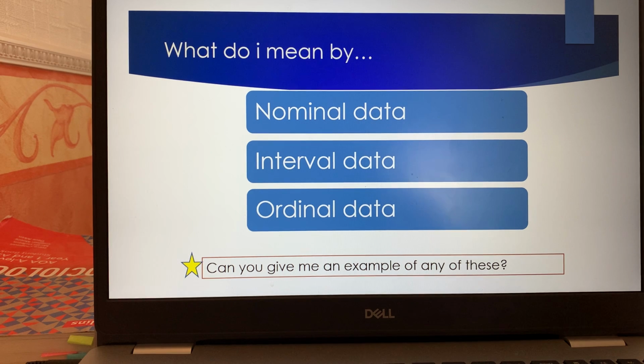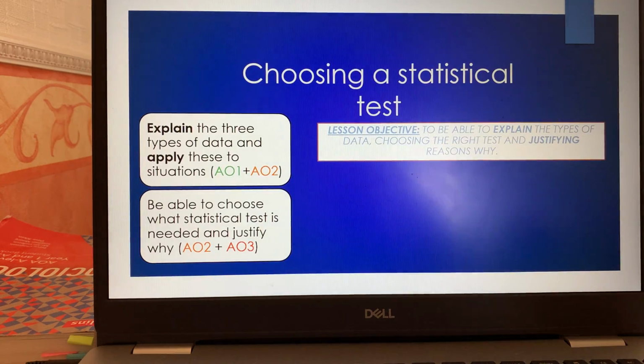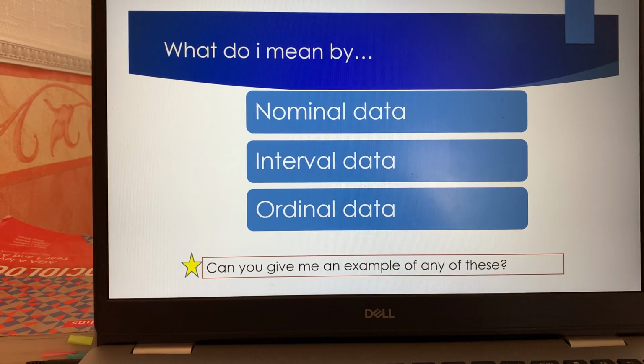So, when I say nominal, interval, ordinal data, what does that mean? This is where we're coming all the way back to right at the end of research methods when we looked at primary and secondary data and different types of data. Now, these 3 are really important in the next section of this lesson.